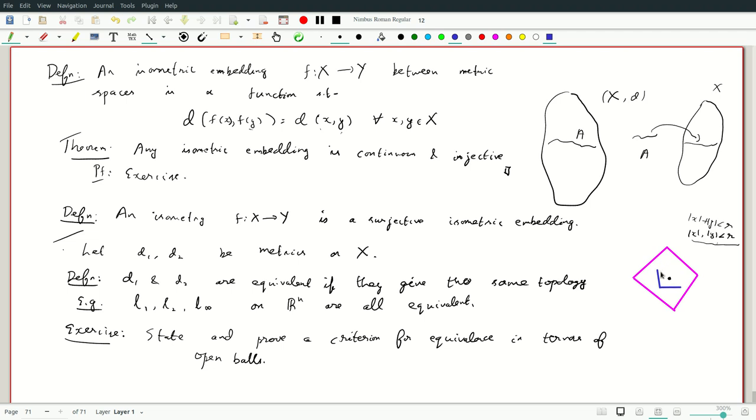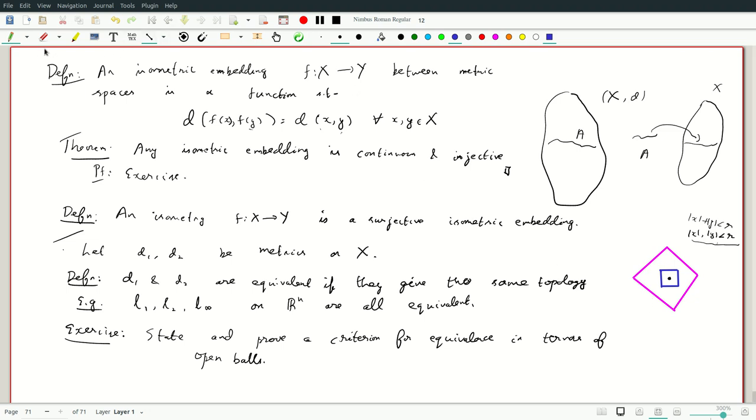Okay, perhaps I will try to make these parallel to the axes a little bit better, since that's what happens. So the L infinity ball looks like this square. Inside this we can find an L infinity ball.